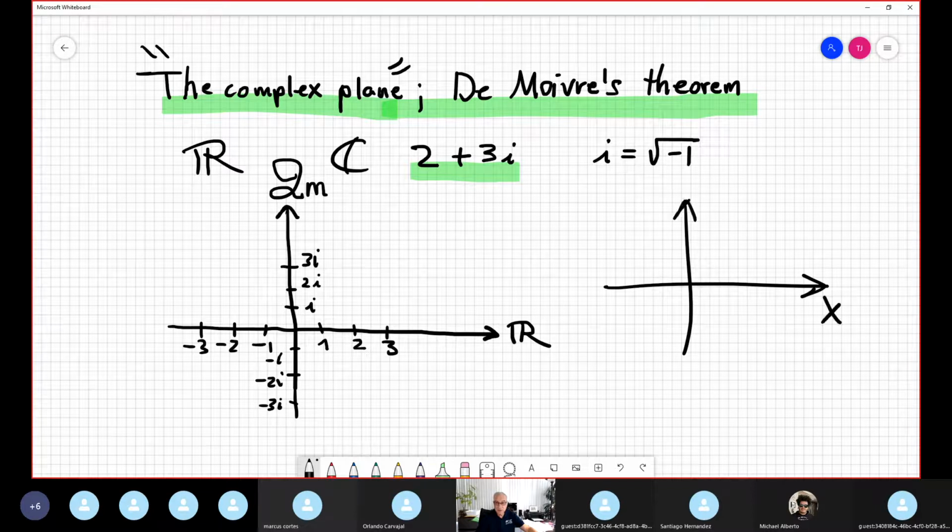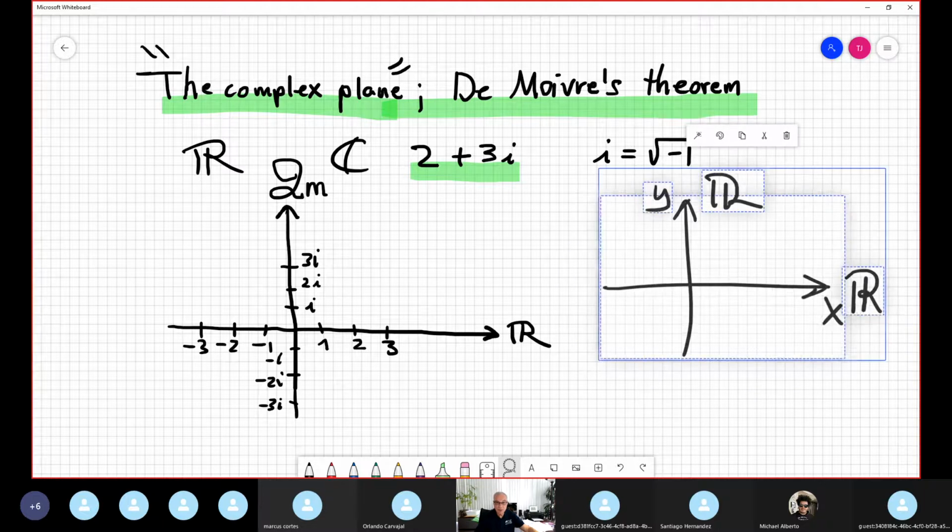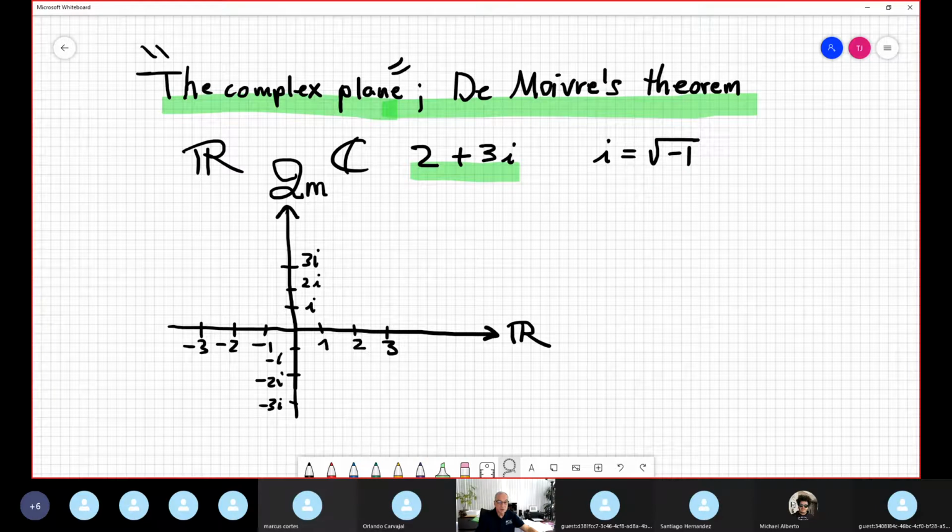This is the complex plane in which you can visualize any complex number. For example, the complex number that I put in the initial example, which is 2 plus 3i, has 2 components. 2 is the real part, which obviously is that part, 2.